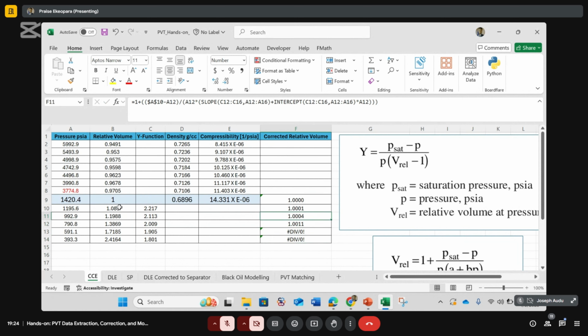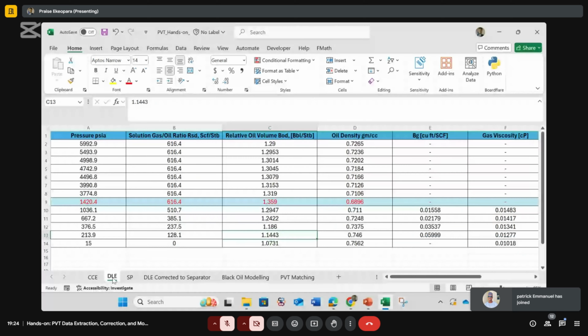This corrected relative volume will most likely be what we are going to use whenever we are making any calculation below the bubble point, right? But at the moment, we just continue. Then if there is need for this relative volume correction, we can always come back here.